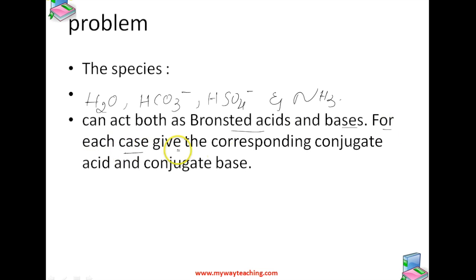For each case, give the corresponding conjugate acid and conjugate base. Okay, I will write down here the species, the conjugate acid, and the conjugate base.